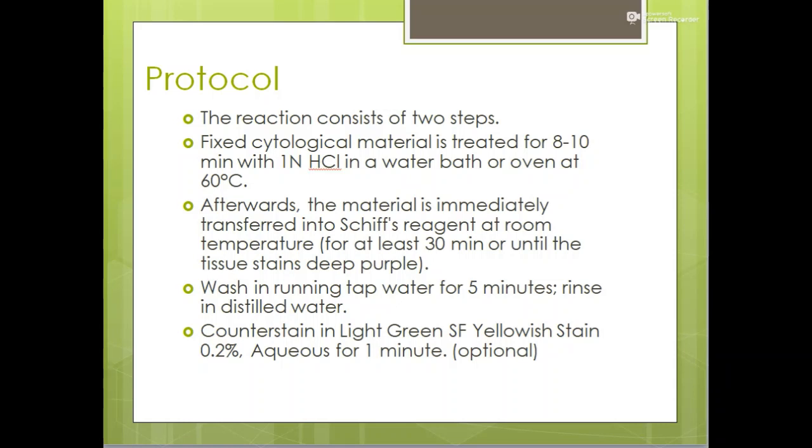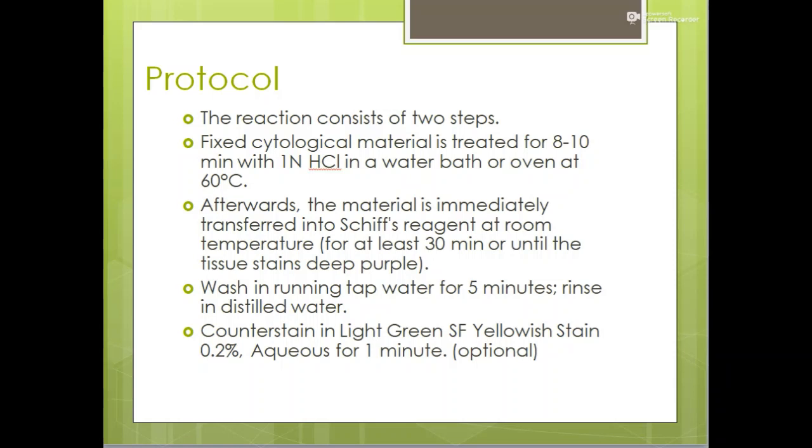I guess you remember what fixation is and what the purpose of fixation is, as we had mentioned in the previous staining techniques also. But here in Feulgen staining, we are using mainly a chemical fixation, which is carried out by formalin. And after that fixation, the specimen undergoes acid hydrolysis, which is carried out with one normal HCl in a water bath or in an oven at 60 degrees centigrade.